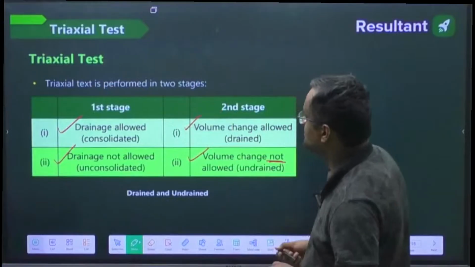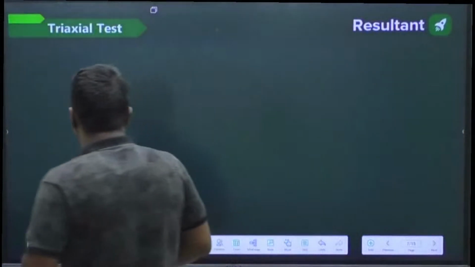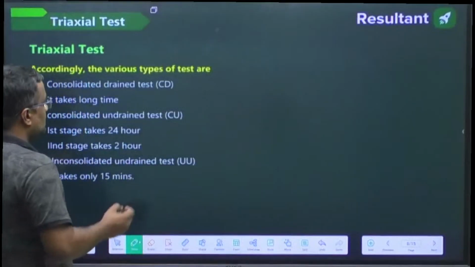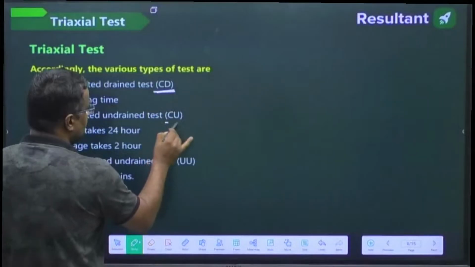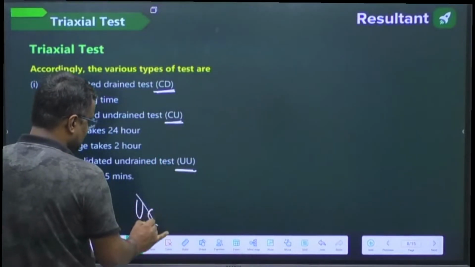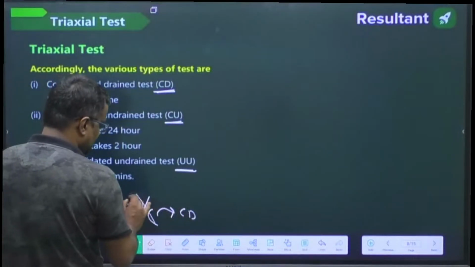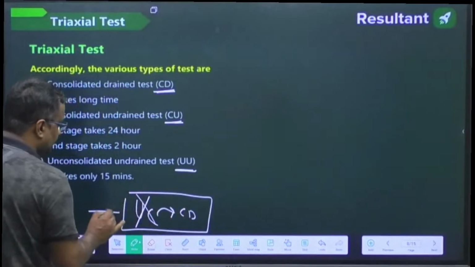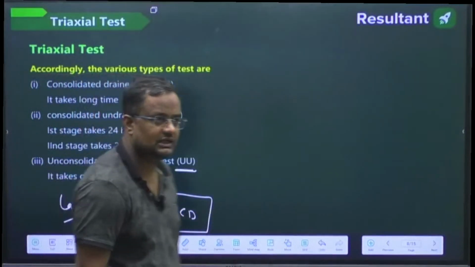On the basis of this, we get three types of test. One is the CD test, consolidated drained test, then the CU test, and the UU test. There is no UC test because UC test results are the same as the CD test. Why that is, I will be telling you later in this video only.